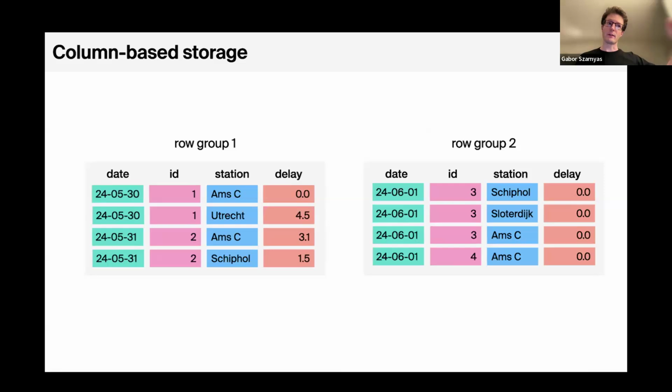The date is usually something that follows a sequential ordering, so it's ordered by time. The ID is also mostly sequential. And something like the delay is, in a good case, just a constant value. So you can compress these tables really well, to 1/5 of their size in CSV format.